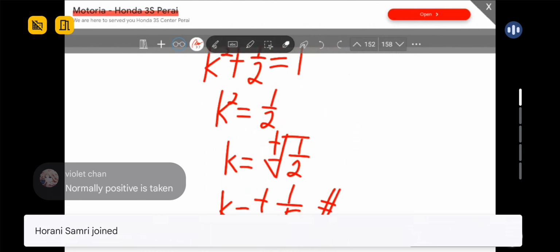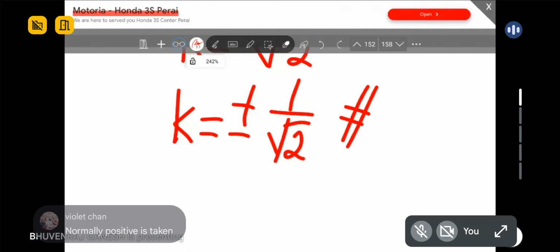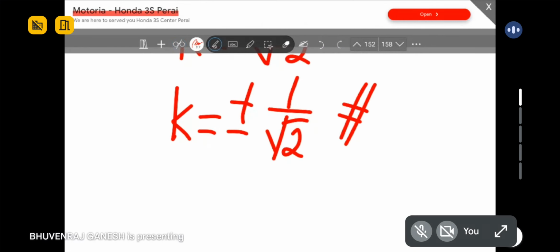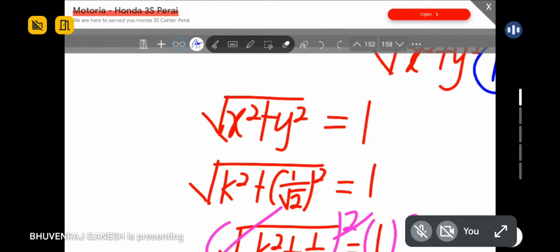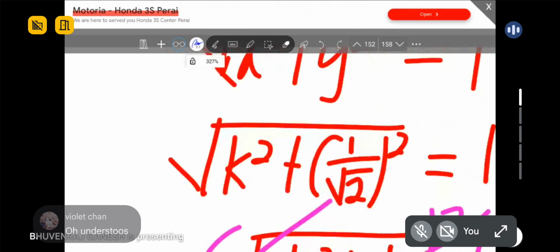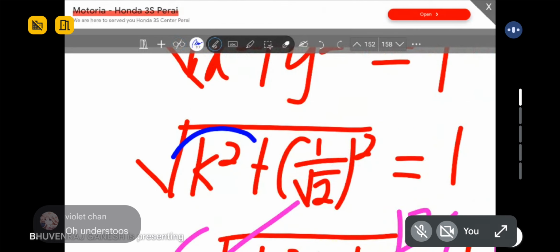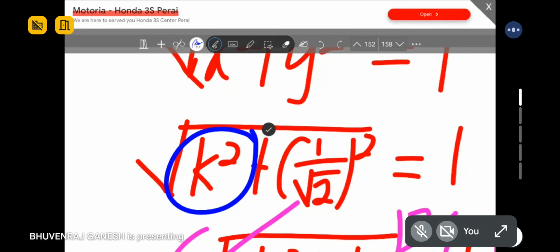The answer is right, guys. Yes, I know. Normally positive taken, right? But for this case, both answers are correct. Positive and negative also can. Dua-dua jawapan betul. Okay, why? Kenapa macam tu? Very simple concept, guys. You see over here, it is k square. Am I right? So if you take a positive number square and you take the same value that is negative square, your answer is still the same, right?